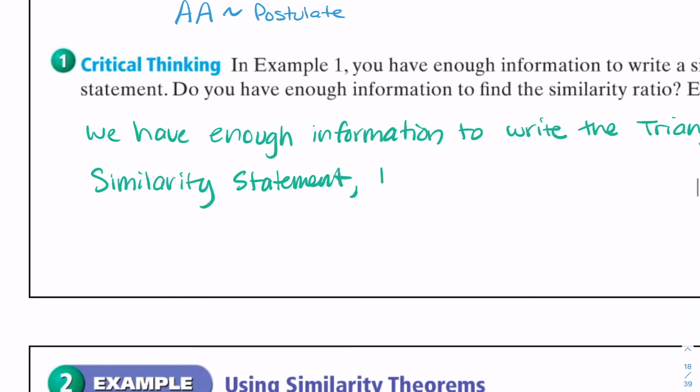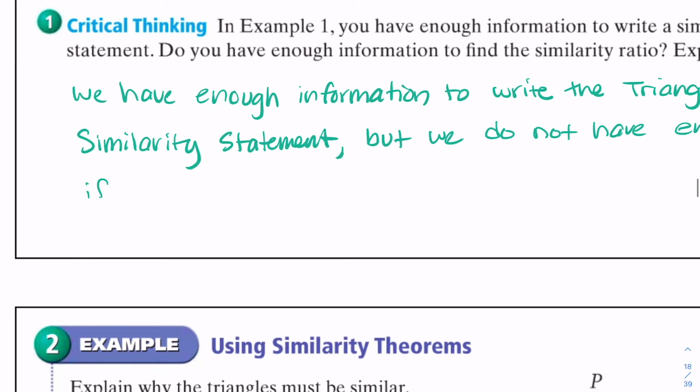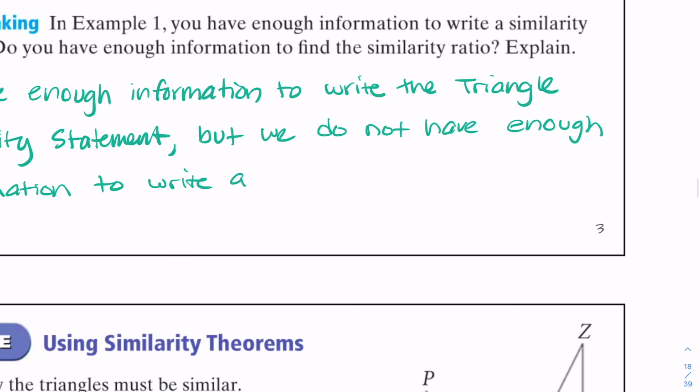But we do not have enough info to write a similarity ratio, or to find it.